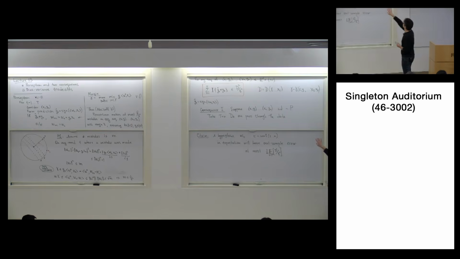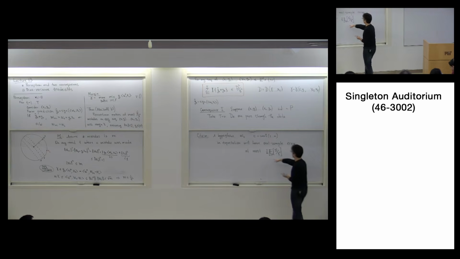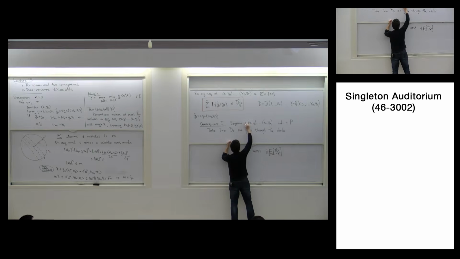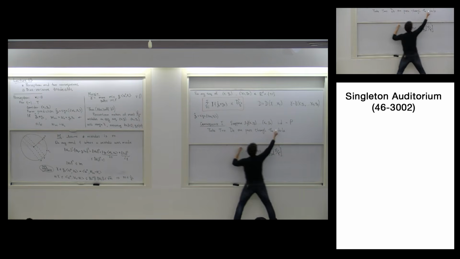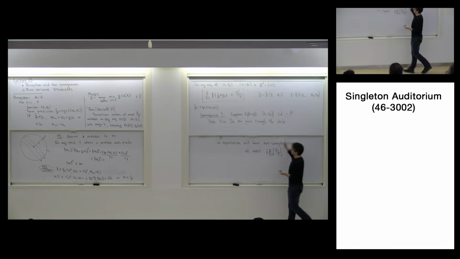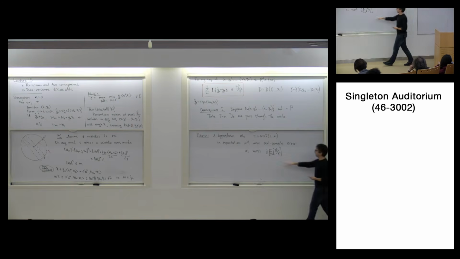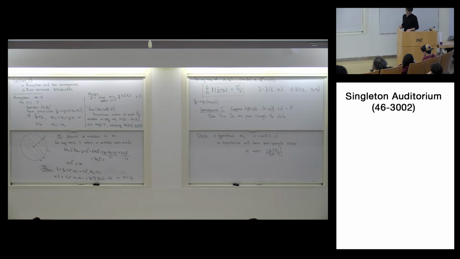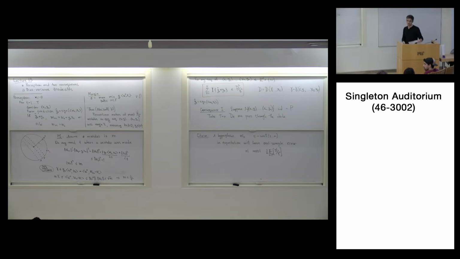Each data point is drawn according to P, and I'm going to denote my data set as S. So that's in expectation over the draw of the data set.